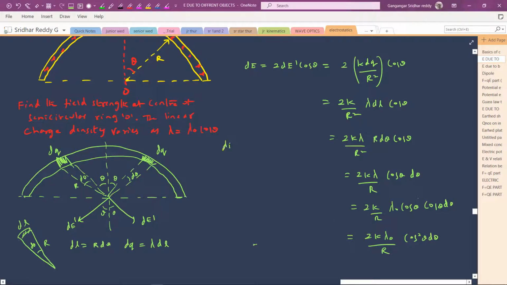I can write cos square theta as 1 plus cos 2 theta by 2. So the 2 in the numerator and denominator get eliminated. So k lambda naught by r, 1 plus cos 2 theta d theta.